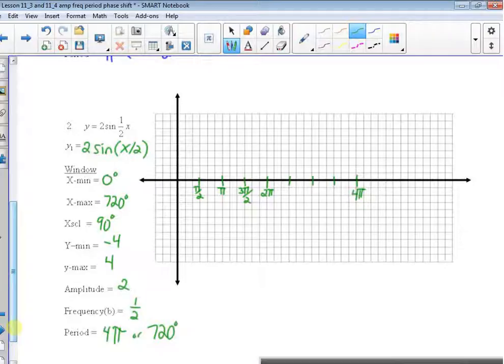But how do I label the other ones? Up at the top here, this one is 1 pi over 2. This one really was 2 pi over 2. This was 3 pi over 2. Hopefully you see the pattern developing here. This is 4 pi over 2. So the next one would be 5 pi over 2.